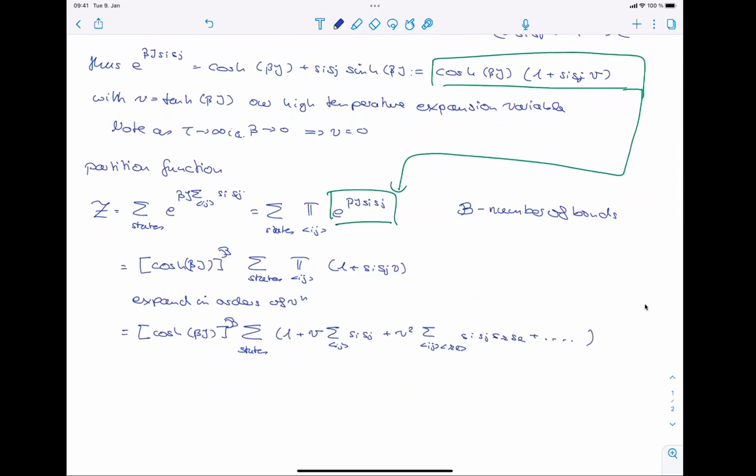And now I can identify, so what this means is that si, sj actually corresponds to a single bond in my lattice, right? It's these two neighbors that we're summing over, looking at.